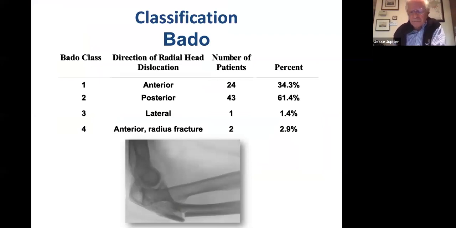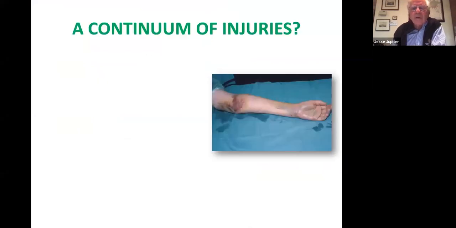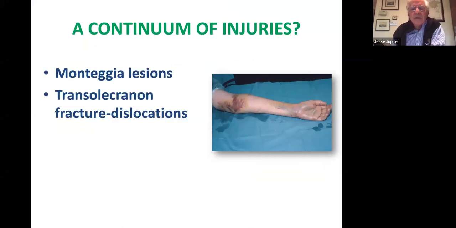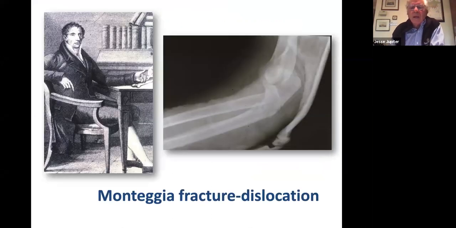And many years ago, I started seeing these patients, and they didn't really fit quite like Monteggia lesions, and we'll look at those per se. And just a point of history, Monteggia missed the diagnosis of these in the index patient for 3 months. They had no x-rays then, of course.